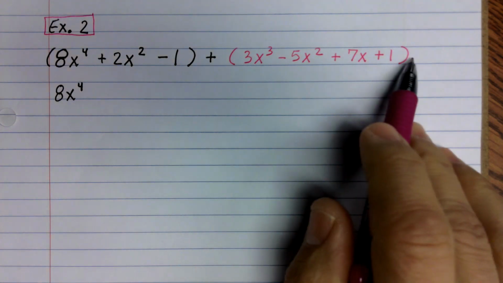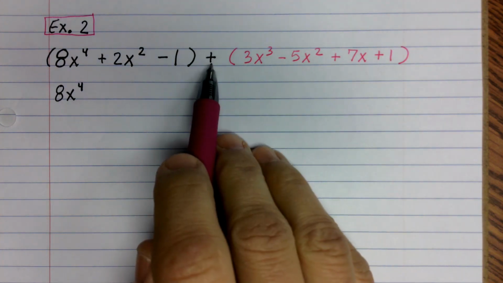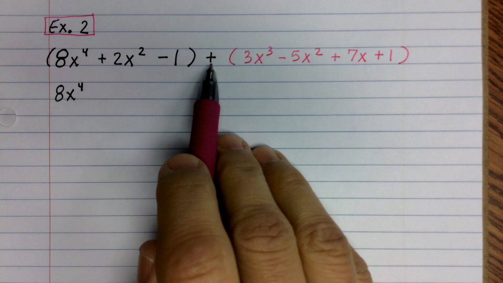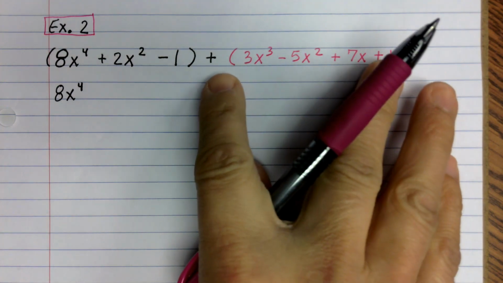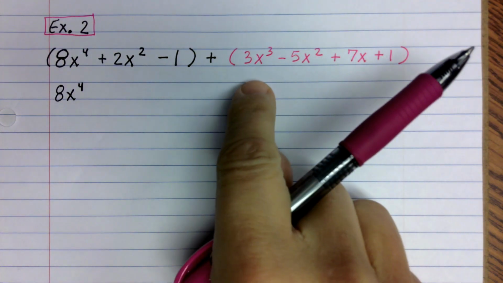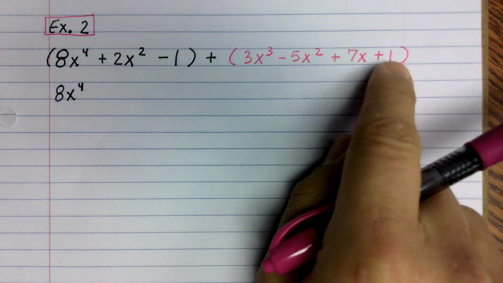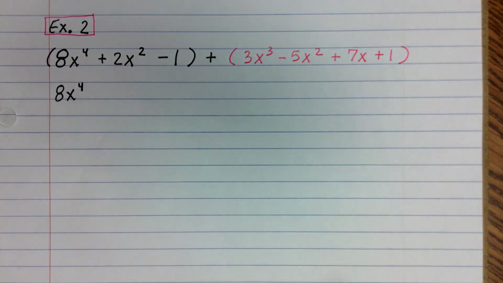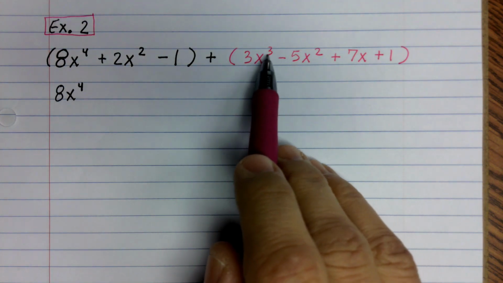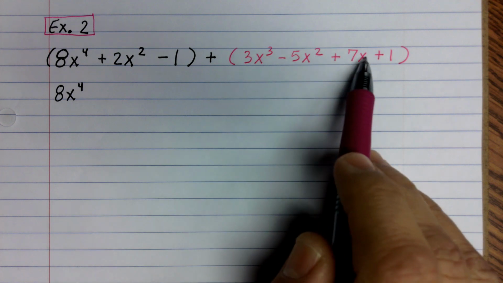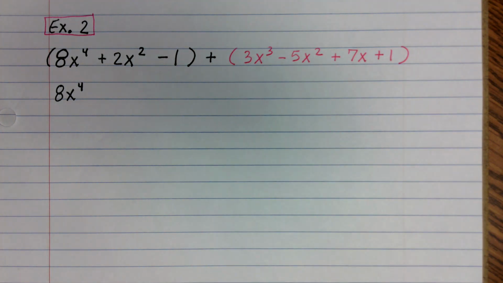Now, looking at the one on the right, first of all, notice we do have a plus sign here. So unlike the other example, I'm not going to distribute that 1, because it doesn't change anything. I'm literally just going to drop the parentheses and move each of these terms over to the right, underneath the one they match up with. Now notice on the right there is no power of 4. We have a power of 3, a power of 2, a power of 1, and then a constant value.